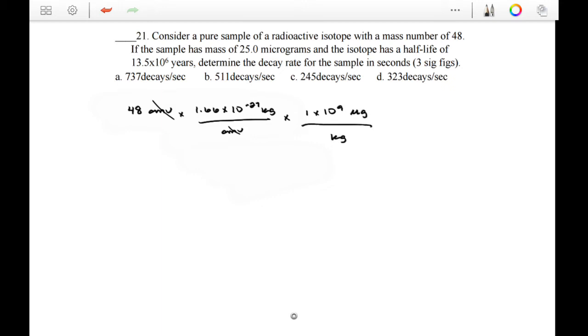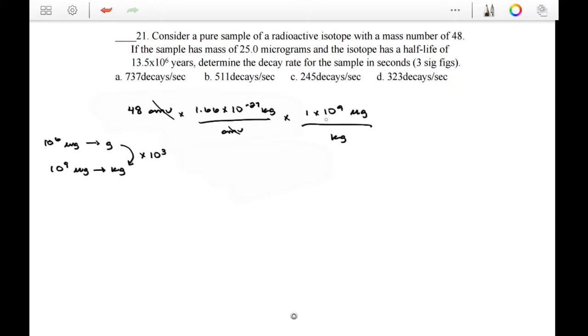If this doesn't make sense, we know that there are 10 to the 6 micrograms per gram. So by that logic we can say there are 10 to the 9 micrograms per kilogram, because to get from grams to kilograms we need to multiply by 10 to the third.